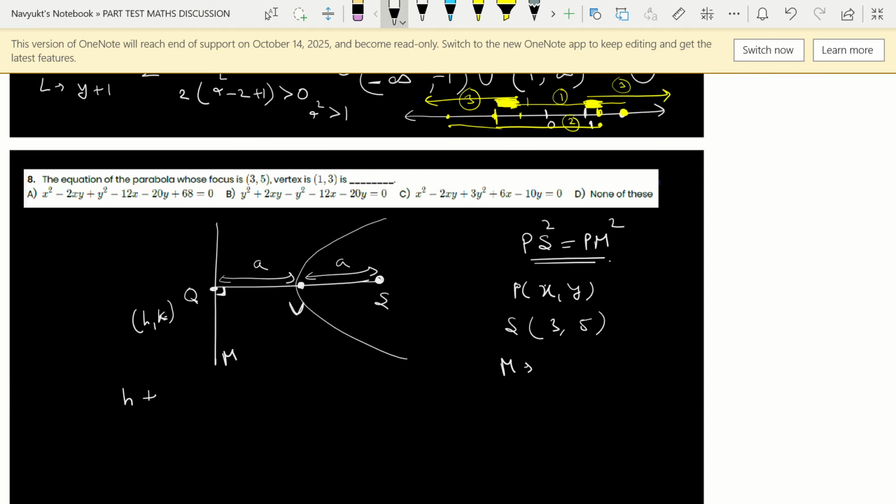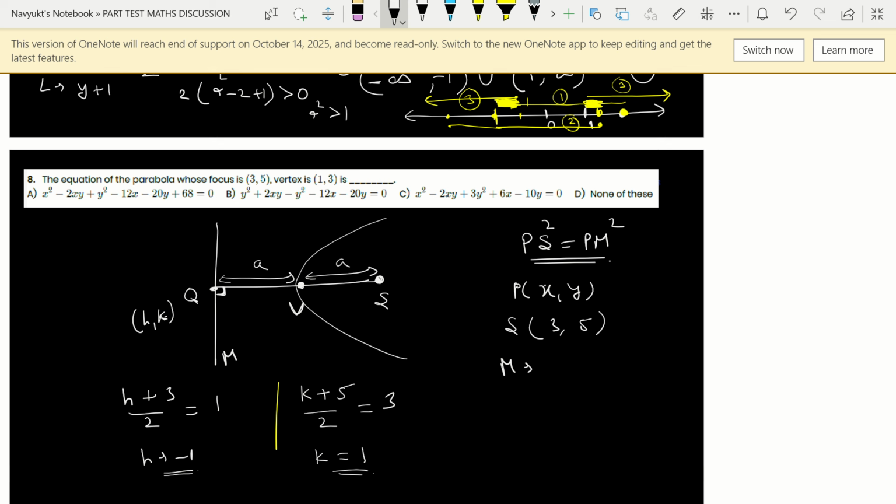So (h plus 3) by 2 should equal the vertex x coordinate, and next, (k plus 5) divided by 2 should be the y coordinate of the vertex, which is 3. This gives us the h value as 3 minus 1, correct? This gives us the k value as 6 minus 1. So these are the coordinates of this Q point.